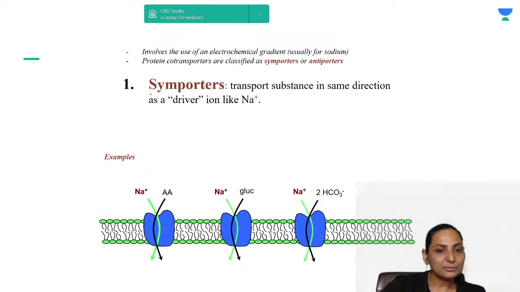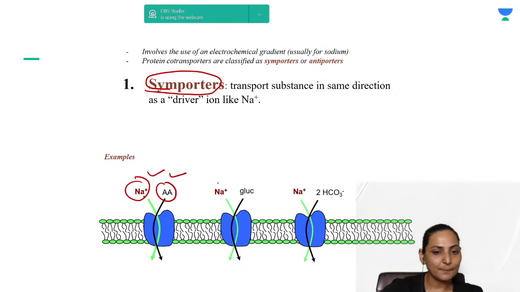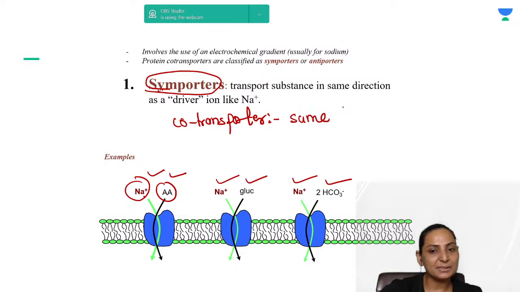So these are your examples of symporters, that is co-transport. As I told you, both the molecules are coming inside. For example, this is sodium amino acid, sodium glucose, this is your sodium and bicarbonate. Symporters, or what we call the co-transporters. What is important is that both of them are coming in the same direction, right?